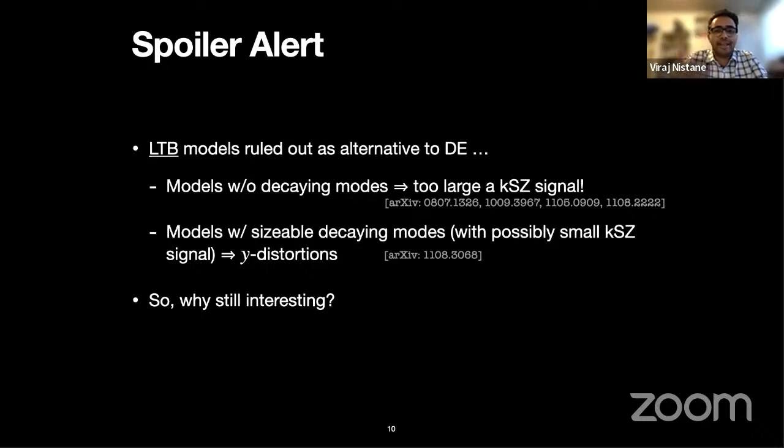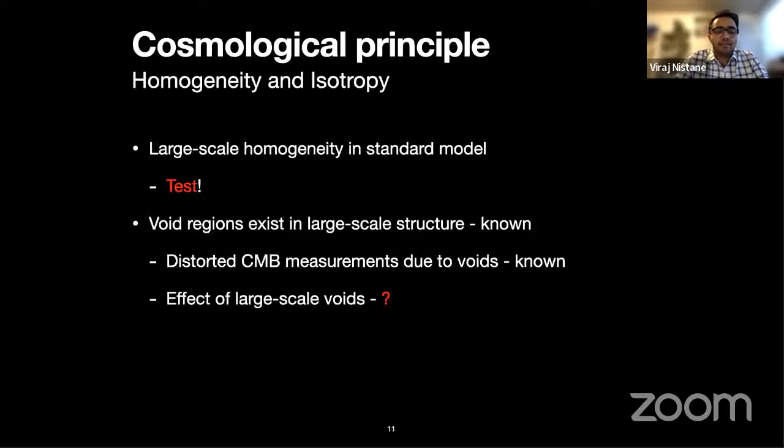It's basically LTB with a cosmological constant, and it remains a viable alternative to the lambda CDM model. So why is it still interesting? By assuming an inhomogeneous background, we would be able to test the basic assumption about large-scale homogeneity in the cosmological principle of the standard model of the universe.